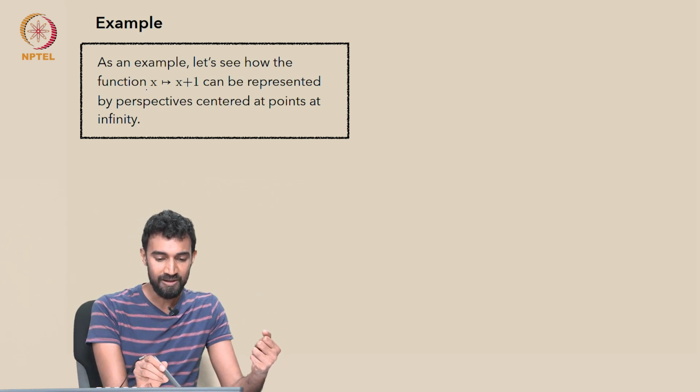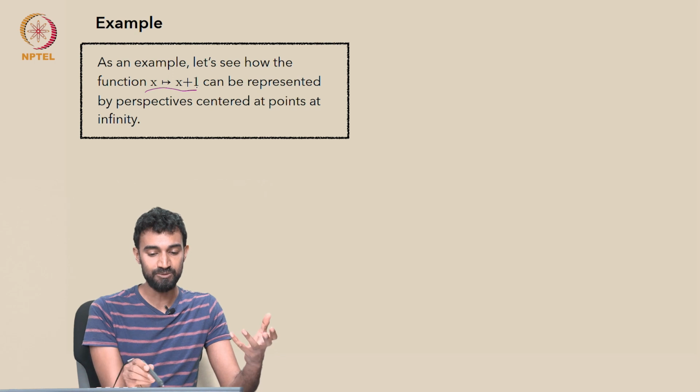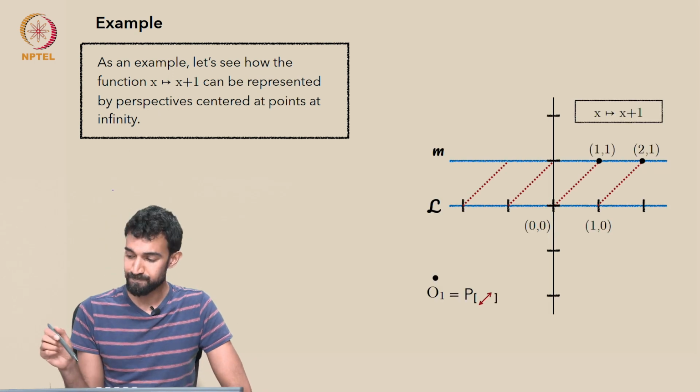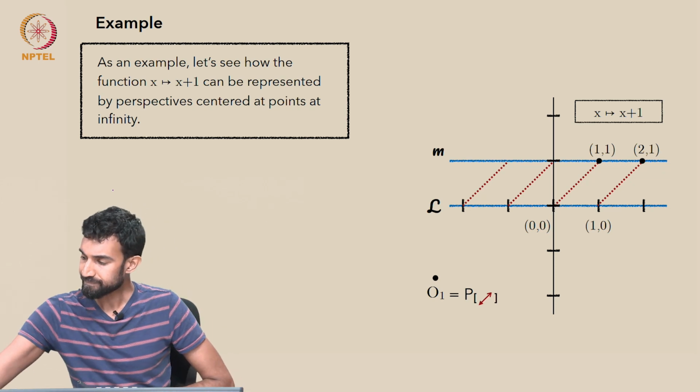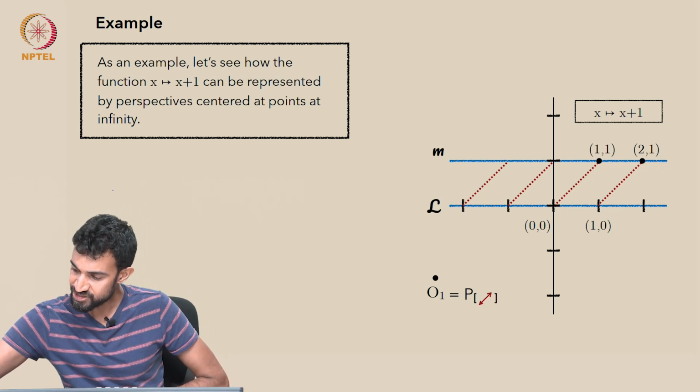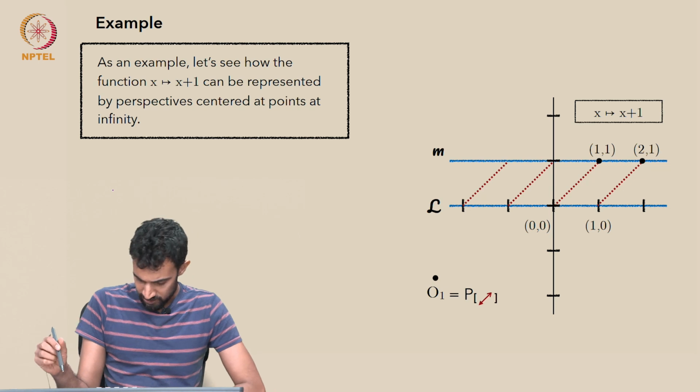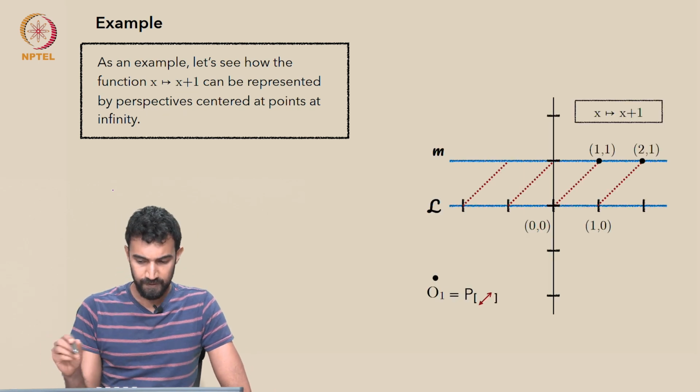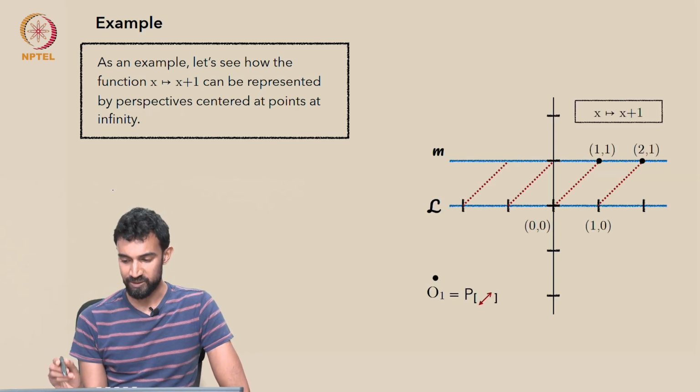But let's set that disadvantage aside and take a look at the advantages. Let's see how this function x goes to x plus 1 can be represented by perspectivities centered at points at infinity. We'll use the following picture.